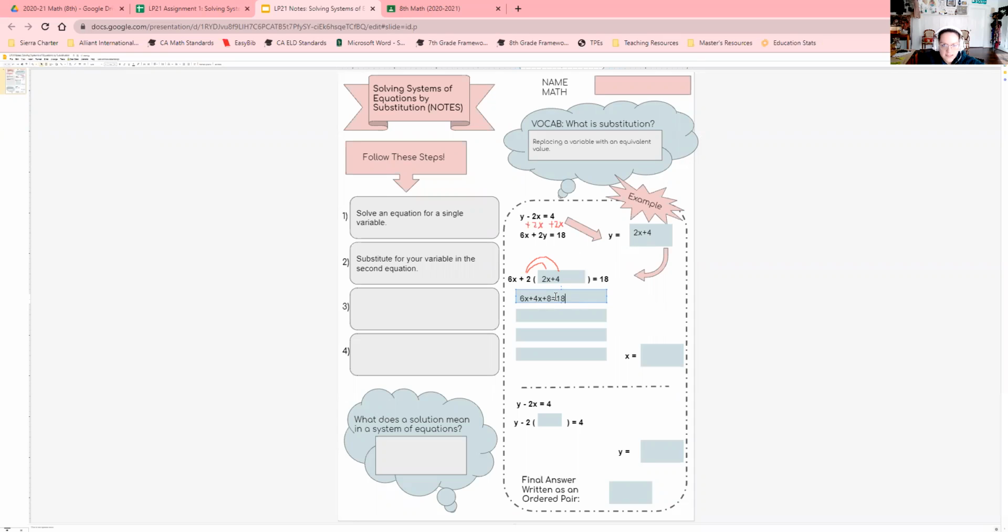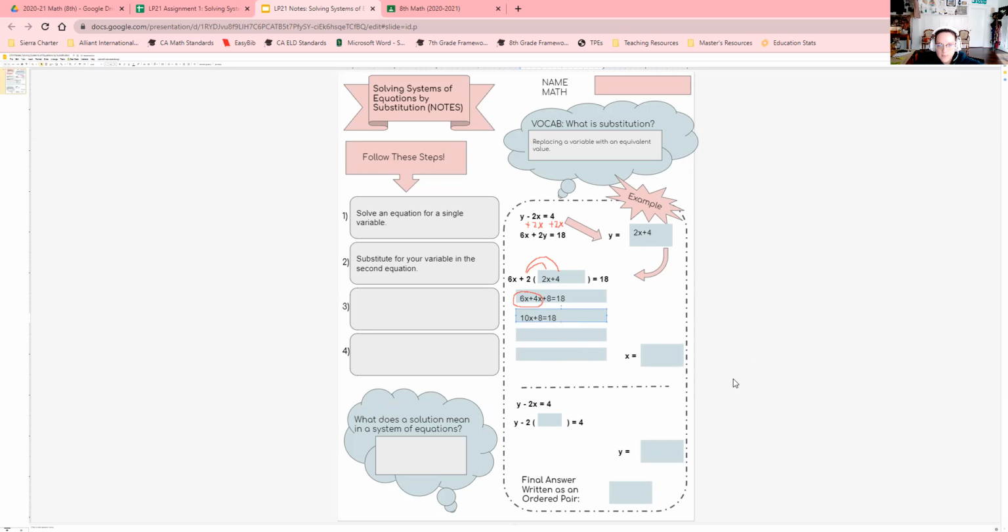Bring down your equal sign. Now we're going to keep solving. We're going to look for like terms. I can see I have 6x and 4x. 6 plus 4 is going to give us 10x. Bring everything else down.